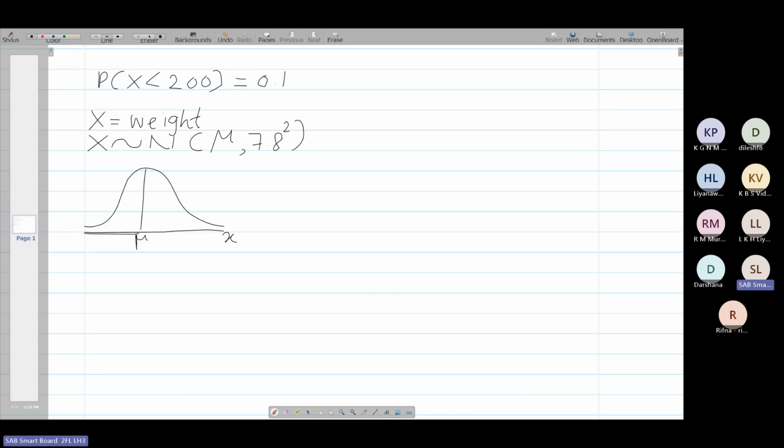It means we can note down 200 here, on the less than side. Less than 200 is 10%. This probability value is 0.1.